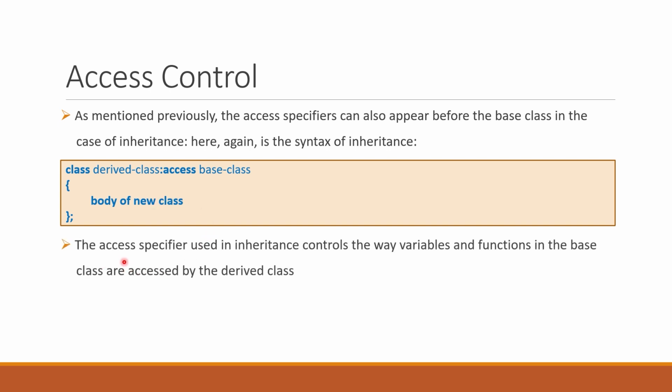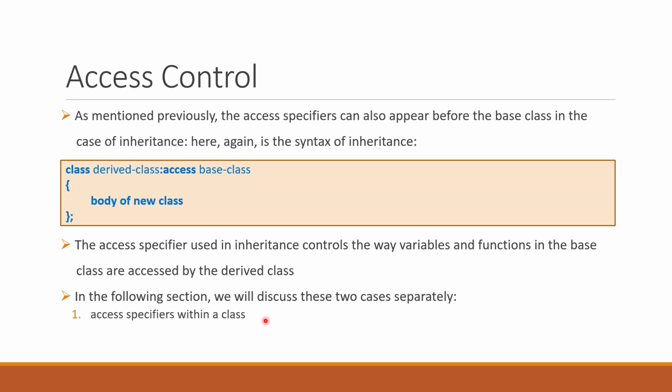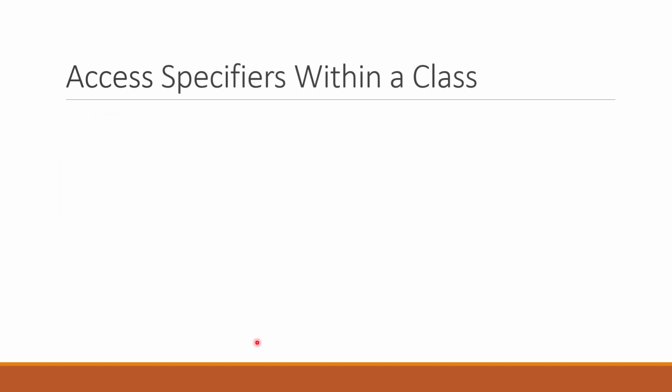Now the access specifier used in inheritance controls the way variables and functions in the base class are accessed by the derived class. In the following section, we will discuss these two cases separately: access specifiers within a class and access specifiers in inheritance.